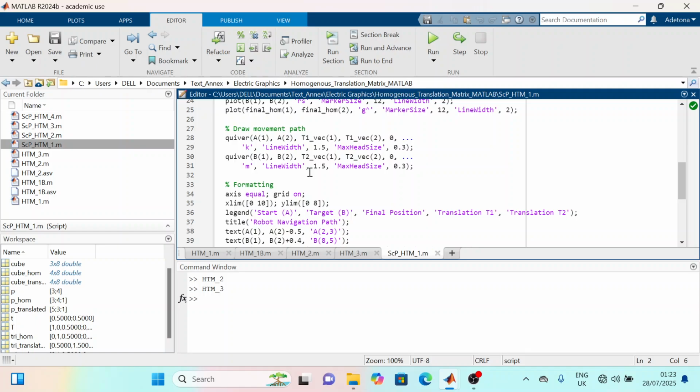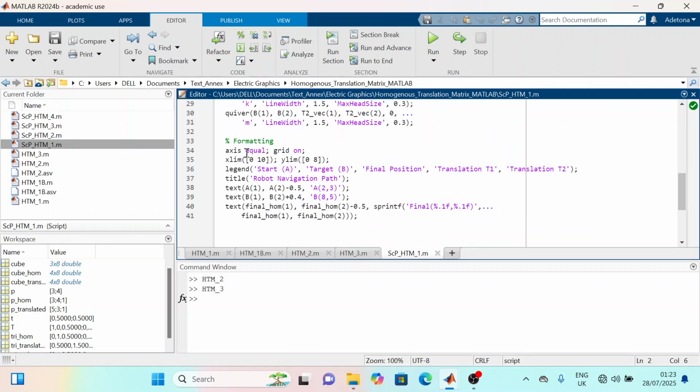This is another color entirely, and this is the width. The line width is 1.5, and the size of the arrow is 0.3. And having done that, we can now set axis equal, so that you don't bother yourself giving x minimum and y minimum. You can leave all these things. The system will know what to do.